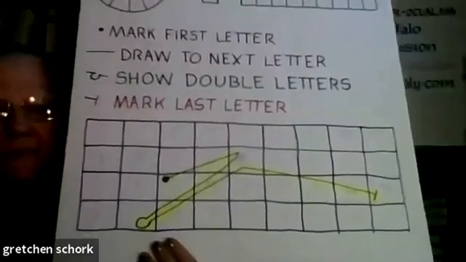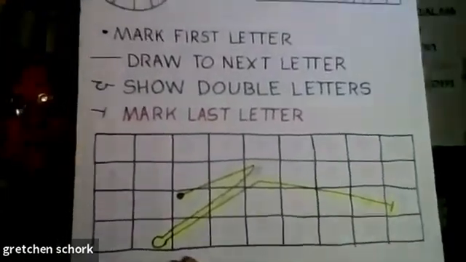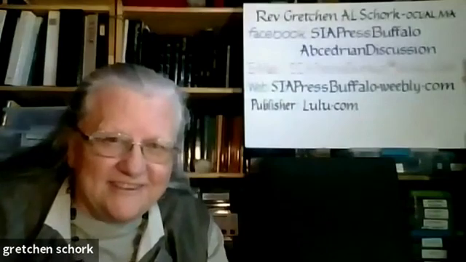Now that's the method. But I went a step further for you because there are 8 planets, and each one has its own planetary number. So what we have is an array of designs.